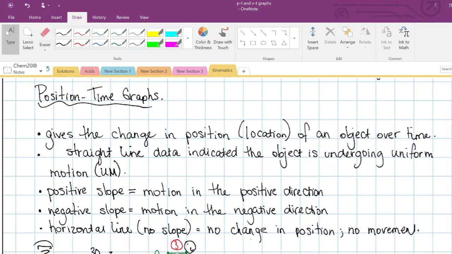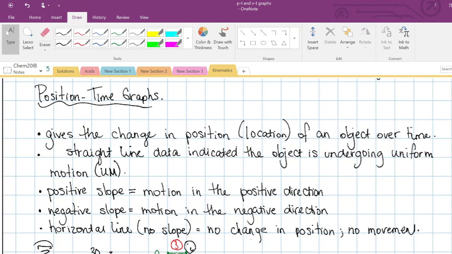And in a position time graph, what we're looking at is the position of the object over time. So we're manipulating the time axis and we are seeing how the position responds to that manipulation. We spent a lot of time last week talking about graphing, so I'm sure that part is pretty straight in your minds by now.